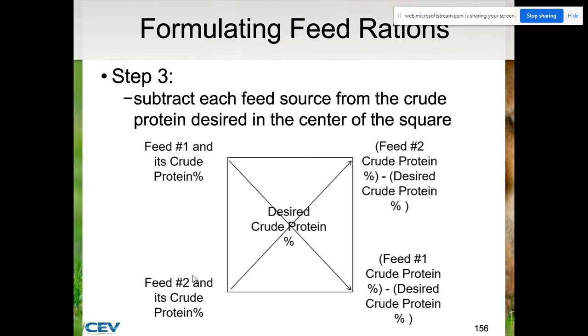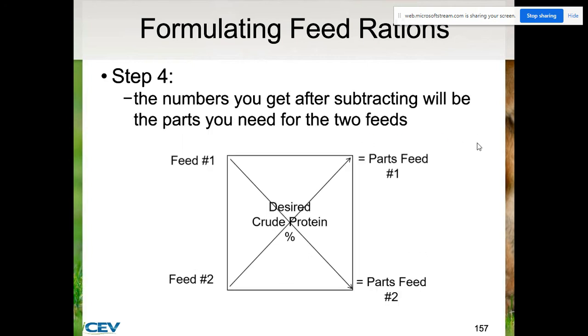Once you get that number, if you start with feed one and it's 12% crude protein and you subtract it from 18, that number goes here, to the bottom over here. So it'd be 6. Feed two goes to the top. I hope everybody's following along so far.